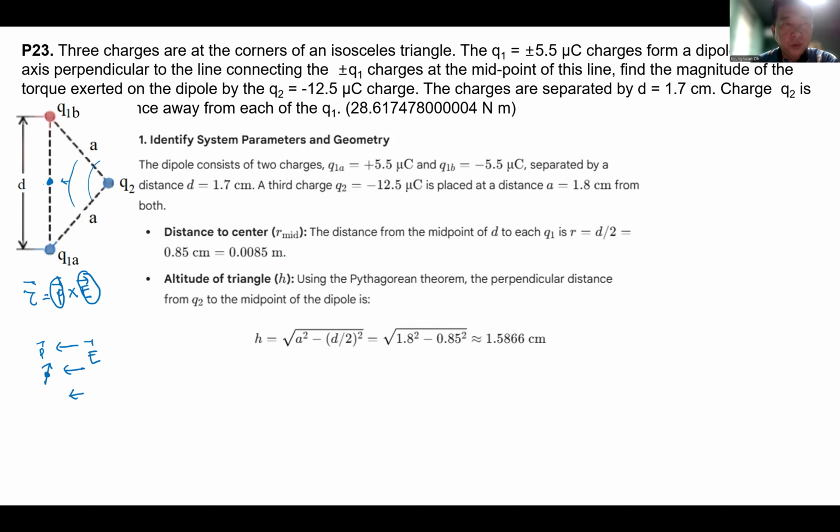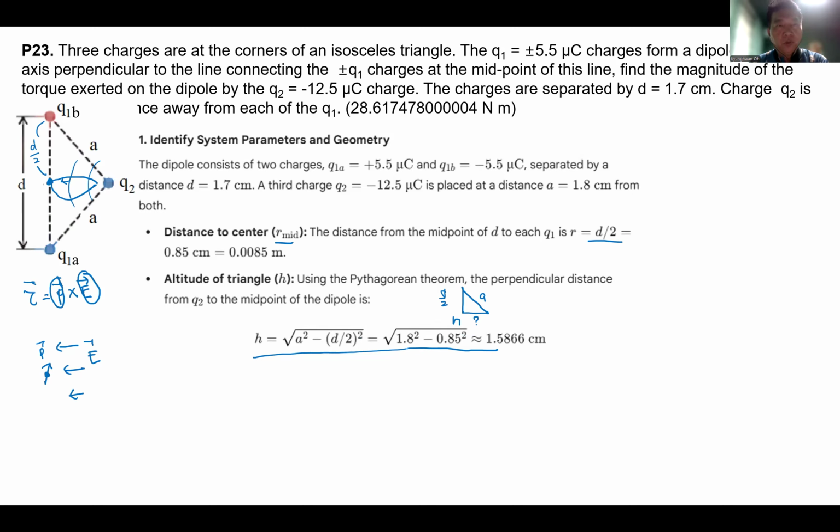So we need to understand the positions. The distance to the center, the midpoint, is given by d over 2. Okay, so here's the d over 2. And then the distance from here to here is given by this triangle formula. Note that: d over 2, this is a, and this is h.